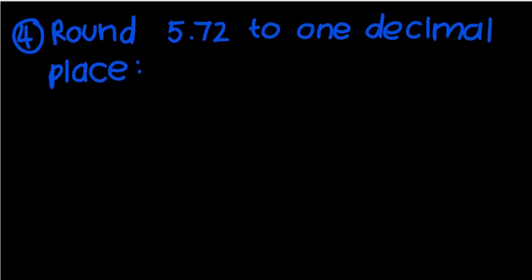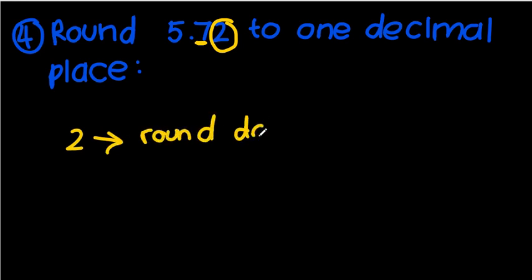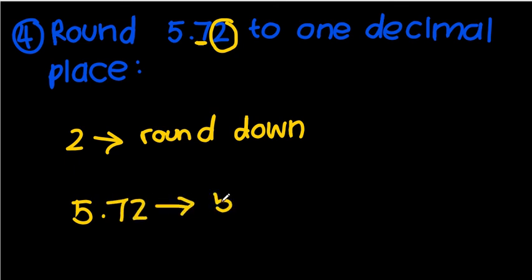Same principle: they can ask you to round to whatever value they want. Here we are rounding 5.72 to 1 decimal place. We look at the first decimal place, and the digit next to it tells us whether to round up or down. The 2 tells us we round down. We seem to have lots of rounding down ones in this video. So 5.72 rounds down to 5.7.